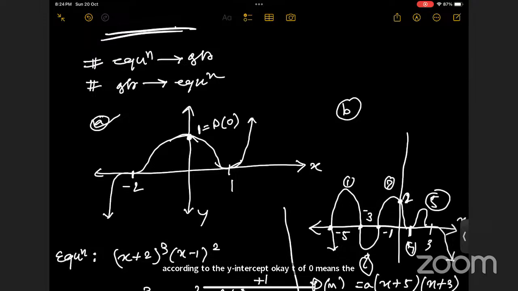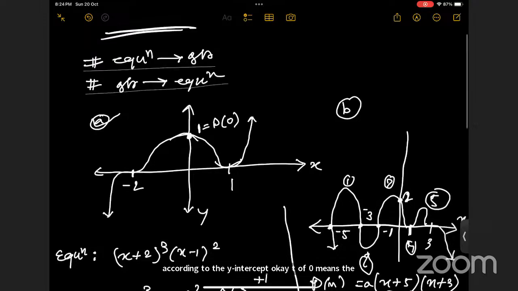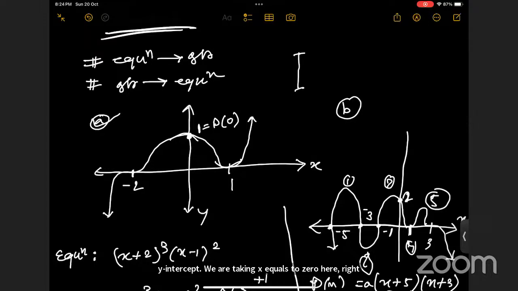We are taking x equals 0 here, and x equals 0 means the y-axis. That means we are calculating the value where the graph intersects the y-axis, that is, the y-intercept of the graph. So whatever your y-intercept is, you have to just equate it with p of 0.